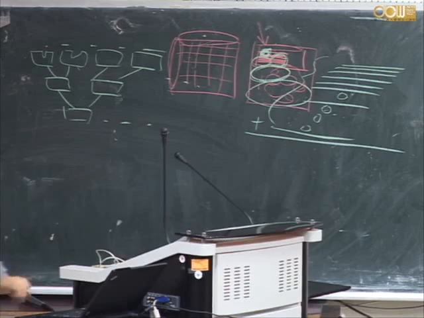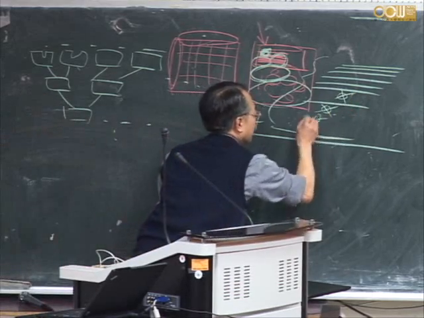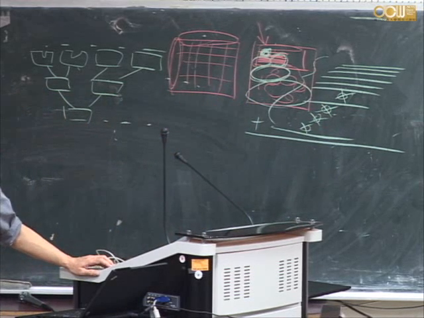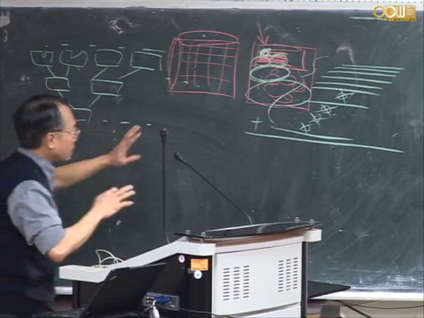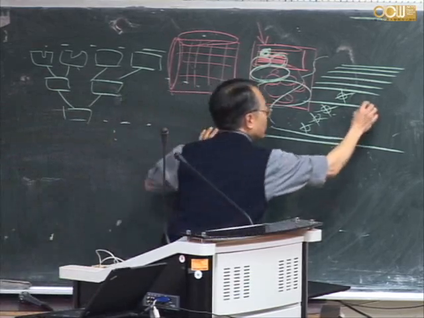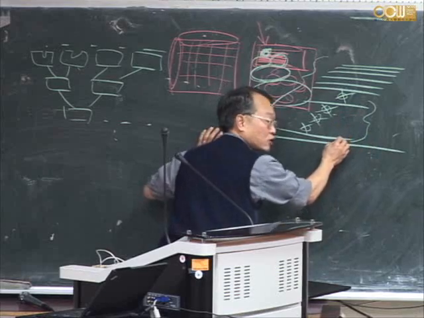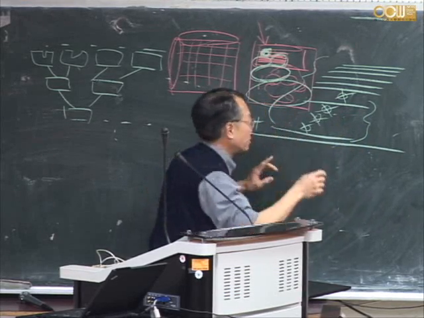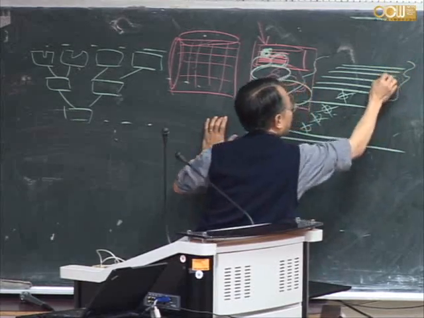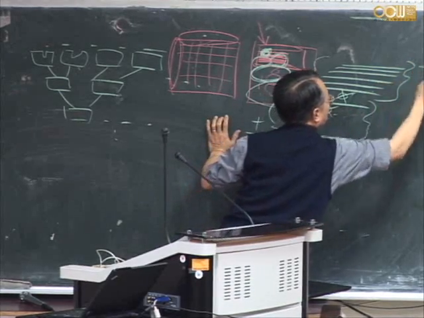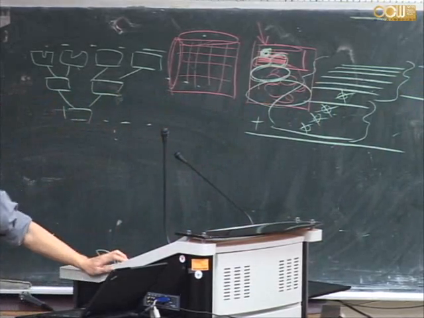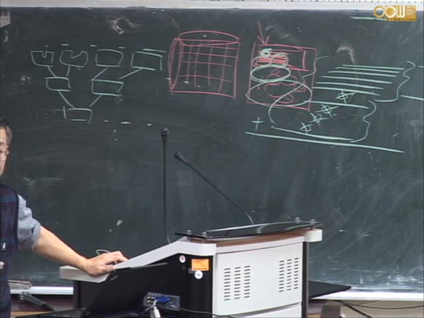We can filter out these zeros using some algorithm, if you have heard of it, the Booth algorithm, the modified Booth algorithm, to filter out the zeros, or even to make it maybe only two partial products, to reduce the number of operands to be added.